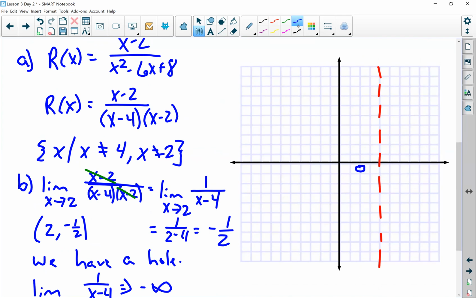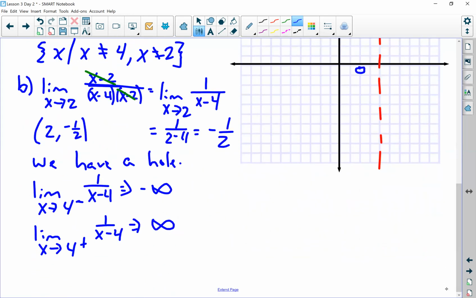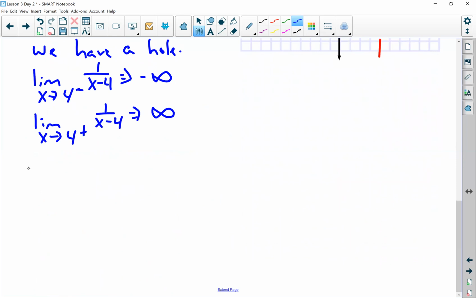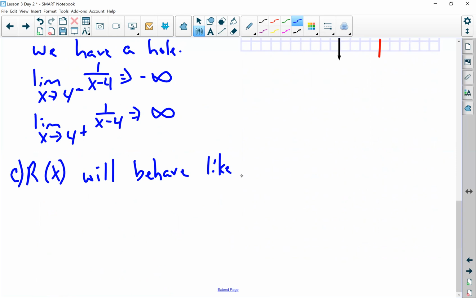All right, and then the graph. So the graph of R of x will behave like the graph of 1 over x minus 4, except at the point 2, negative 1/2.